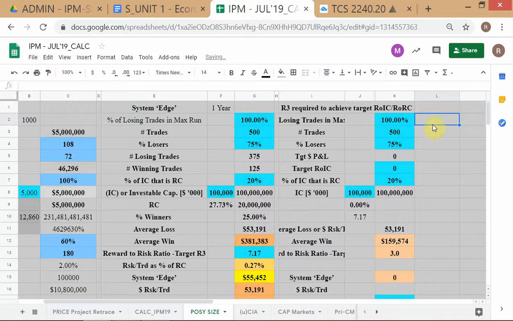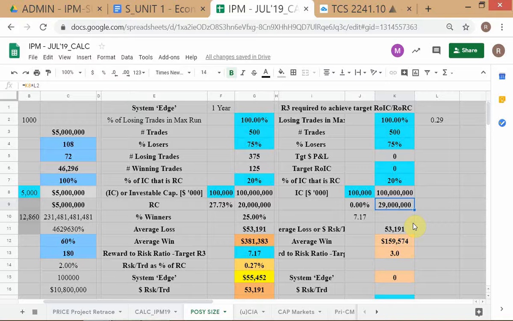So let's say I want a 20% return. If your investor wants a 20% return, that means you have to generate a profit of $100 million into 20%, right? You have to generate a profit of $20 million, right? If I change this to say 29%, then you have to generate a profit of $29 million.